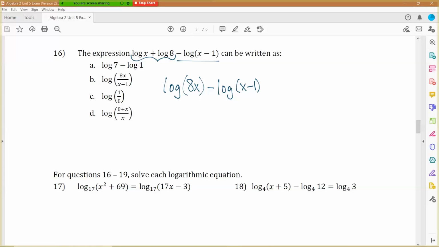Now I have 2 logs to condense, subtraction in the middle, which means I'm going to condense using the quotient property, 8x divided by x minus 1. That is letter B.